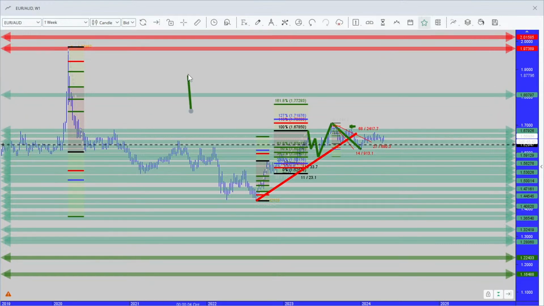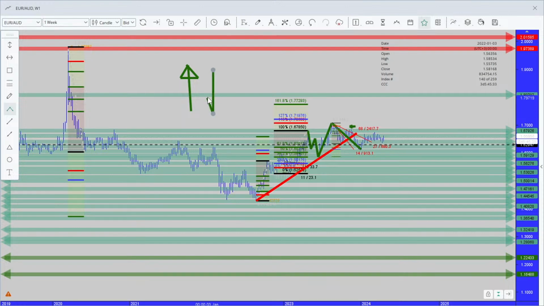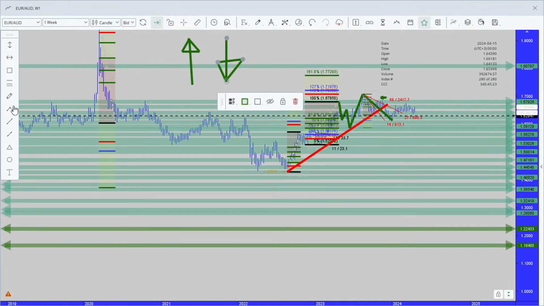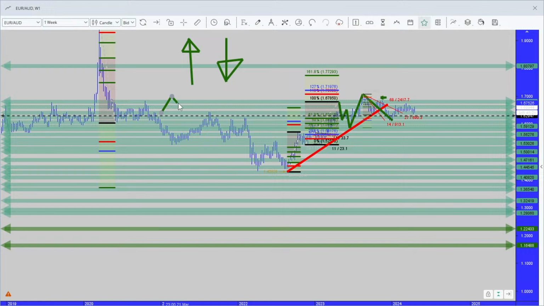The monthly is going up, original Fibonacci, and the weekly is going down, talking about direction. Now the monthly is in an uptrend, meaning extension. The weekly is in an uptrend too, meaning retracement.